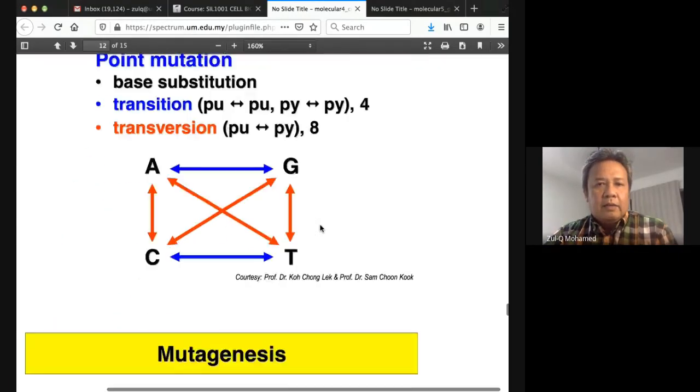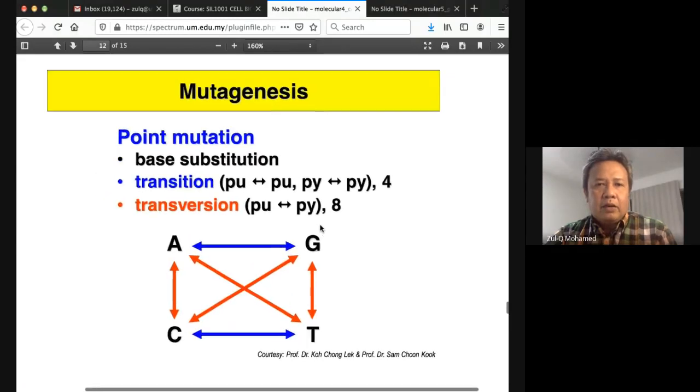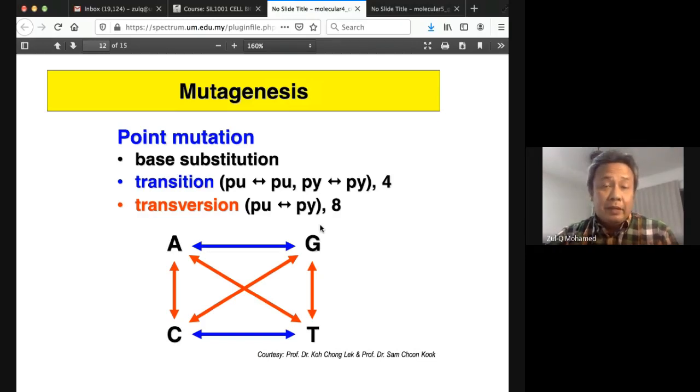Now, here you talk about transitions and transversions. Transitions are changes between the same class of bases. Purine to purine, pyrimidine to pyrimidine, right? So C to U and A to G, these are all transitions.